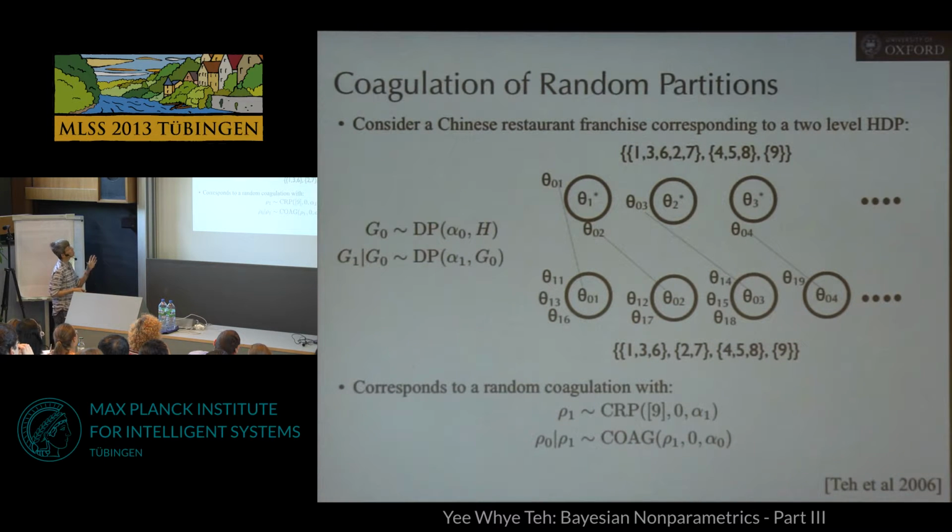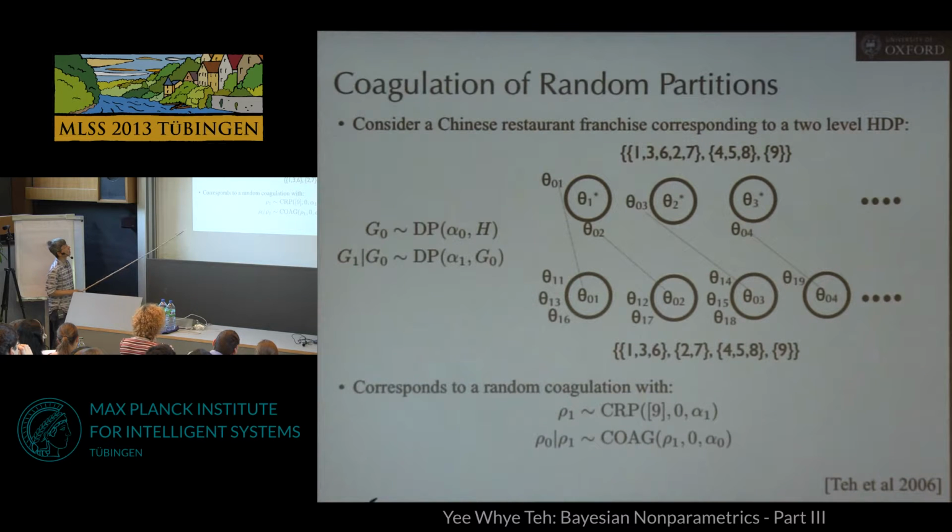So how does this coagulation of random partitions look? It turns out that it actually relates back to the hierarchical Dirichlet process. Okay?